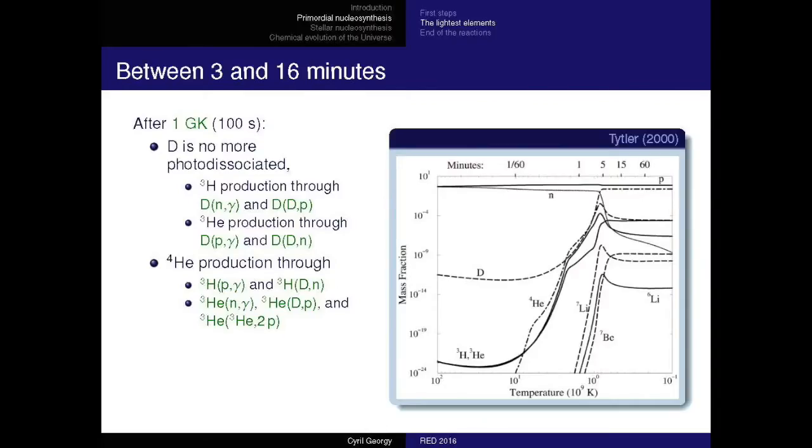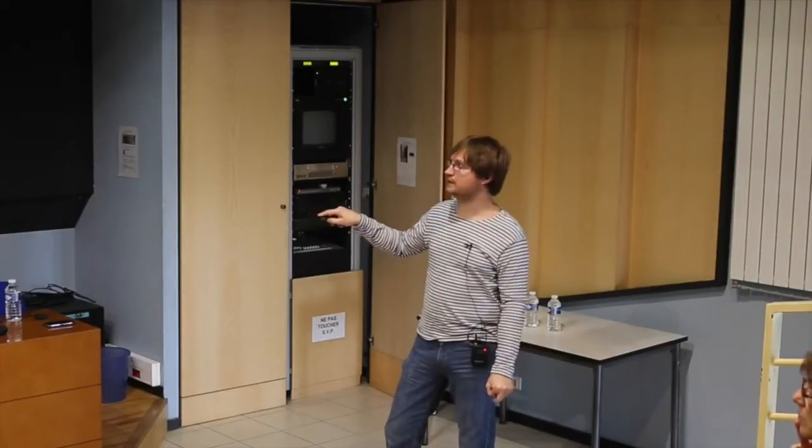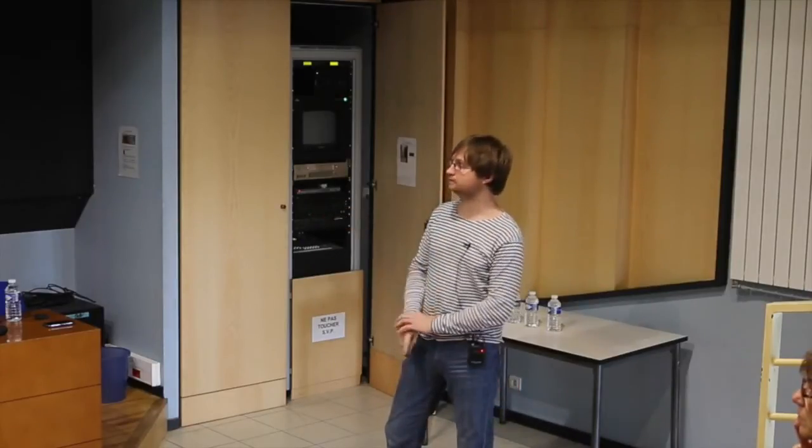Then you have the production of helium-4 built on top of this tritium and helium-3. Basically, from these elements, you have some trouble going to higher elements because there are no stable elements with atomic mass 5 and 6. So basically, you have to jump to 7, and this is quite difficult.